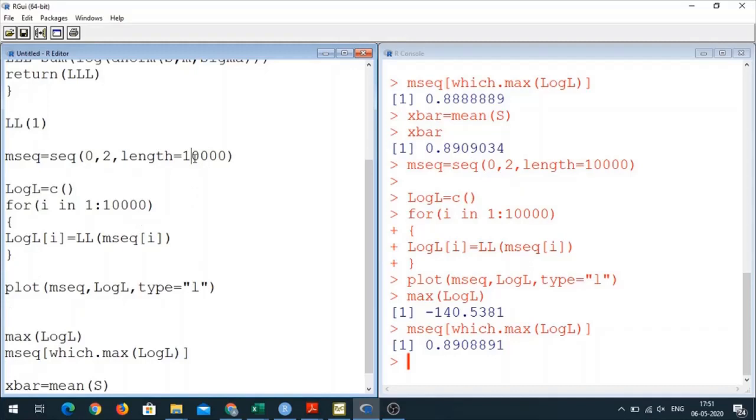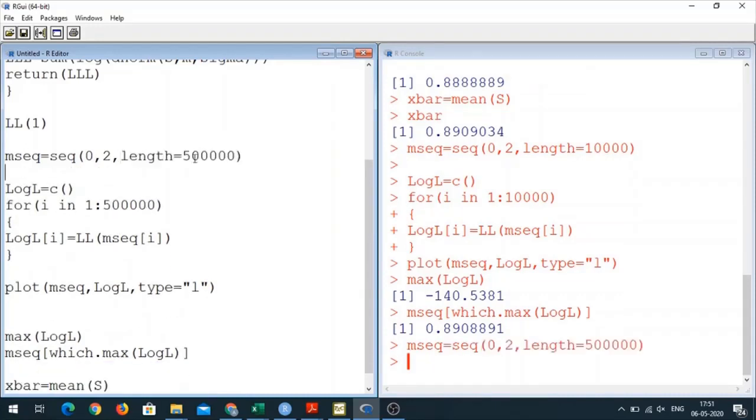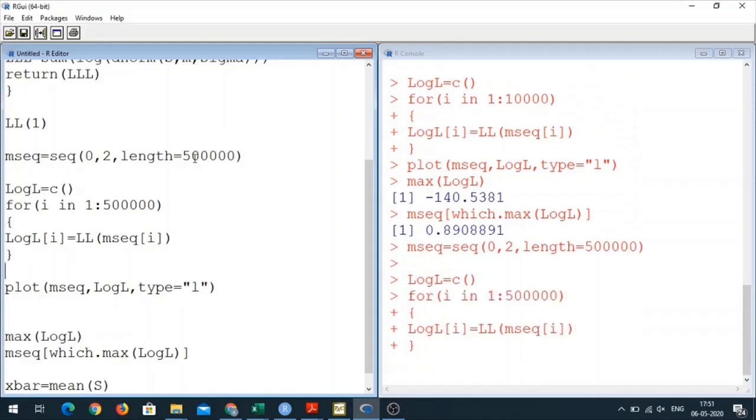Instead of 10,000, if I make it say 5 lakh, then let us see what happens. Oh, sorry. It takes slightly more time to run, because I'm on a laptop, not on a workstation, so it's definitely going to take time.